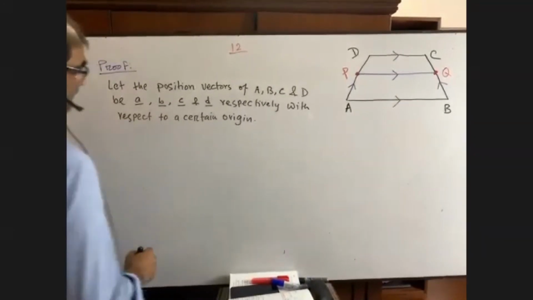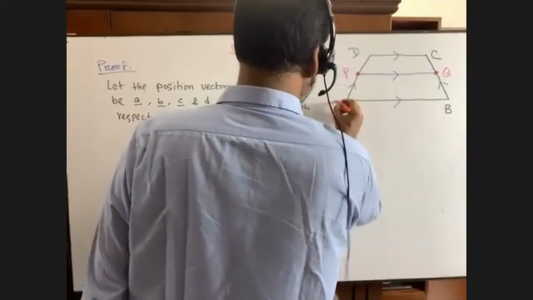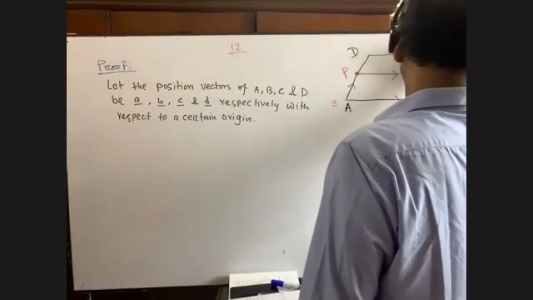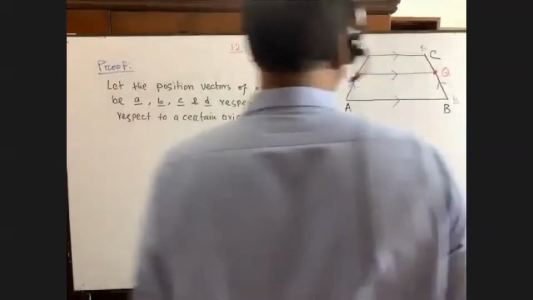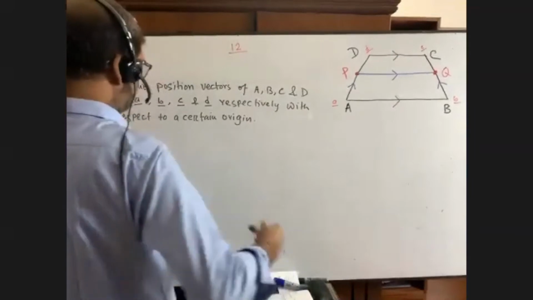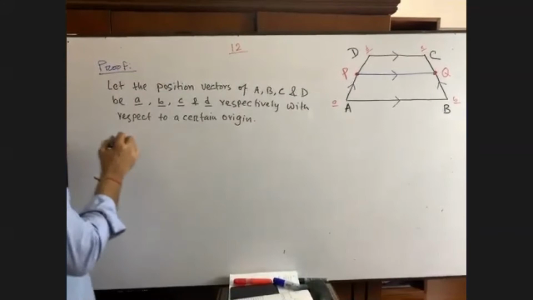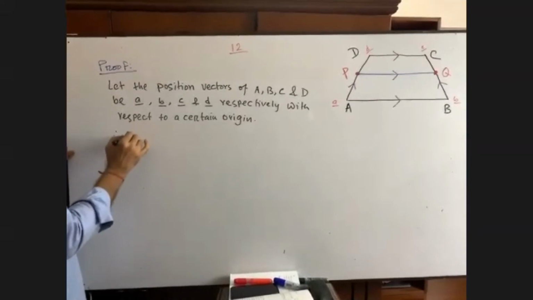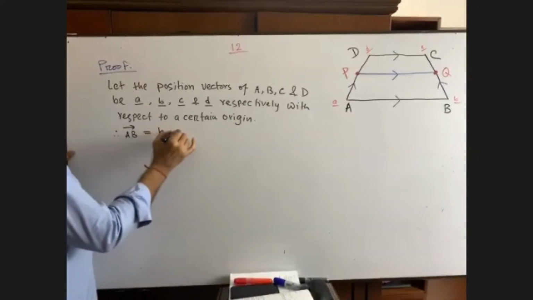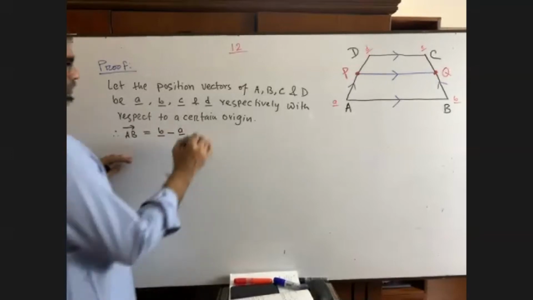Now you have to write it like this: A, B, C, D. What is meant by this? Therefore, AB equals what? What I told you: AB equals B minus A. What about DC?